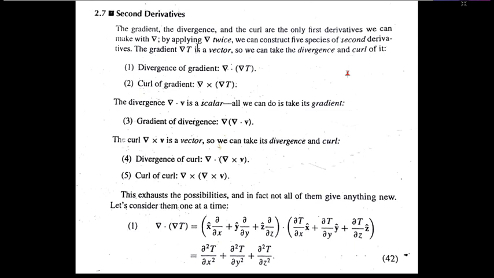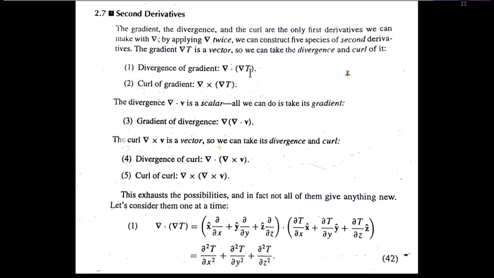Divergence and curl of a gradient, that is our motive in the very first segment. What is the divergence? Divergence is a dot product with a del operator. What is a curl? Curl is a cross product with a del operator, and that is what we are highlighting here, divergence of a gradient.